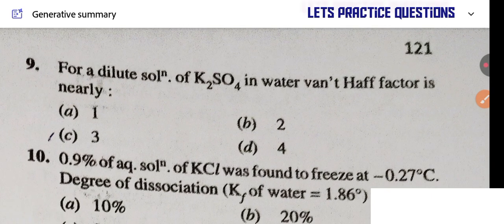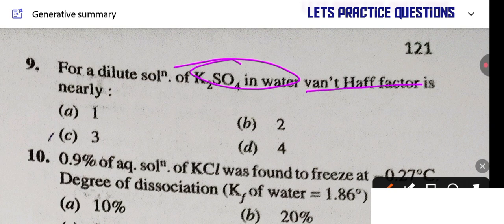For a dilute solution of K2SO4 in water, we have to calculate the Van't Hoff factor of K2SO4.